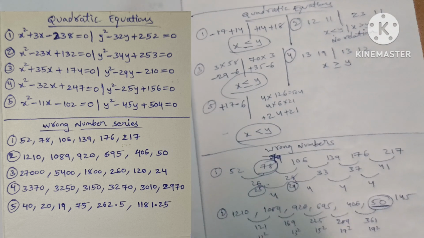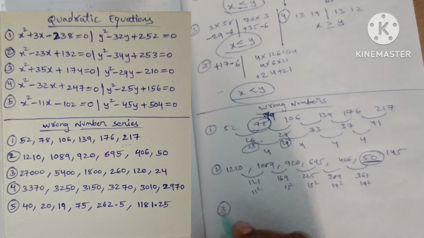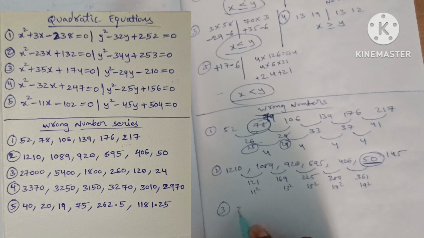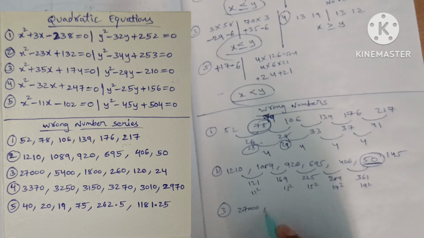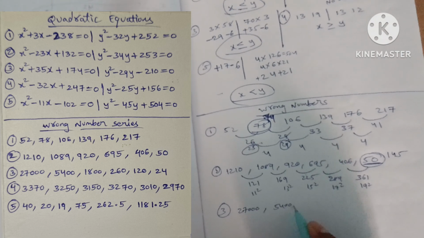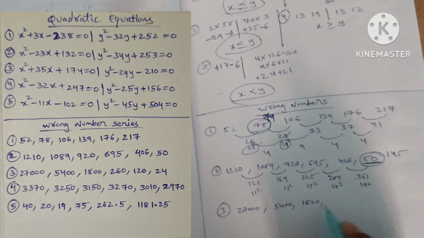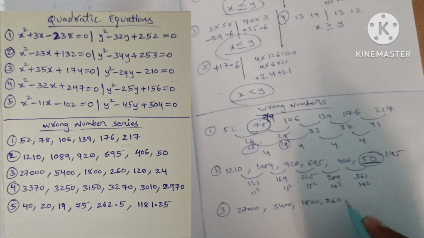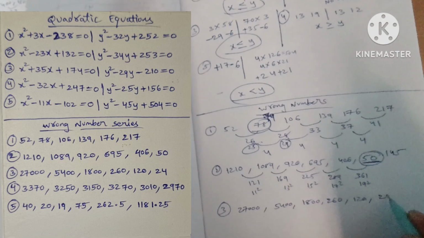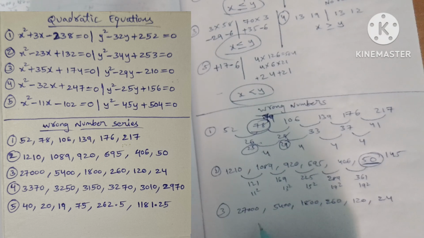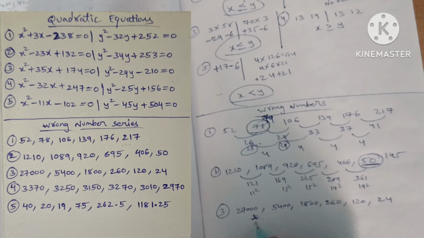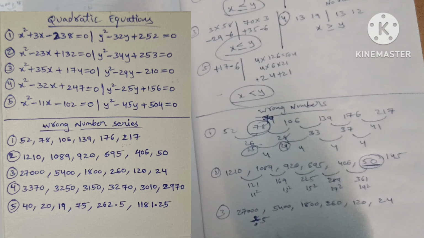Third question: 27000, 5400, 1800, 260, 120, 24. This is divided by 5 times.